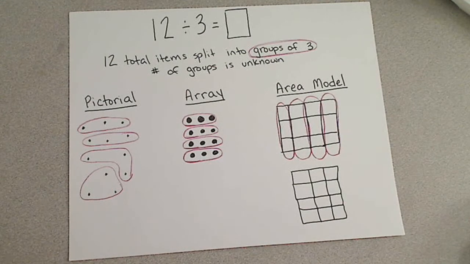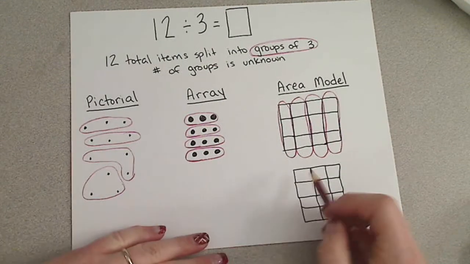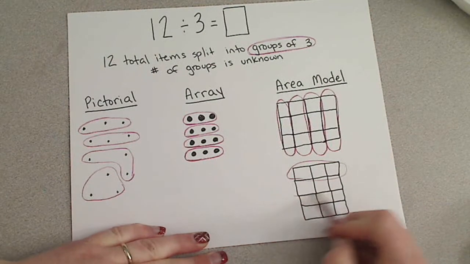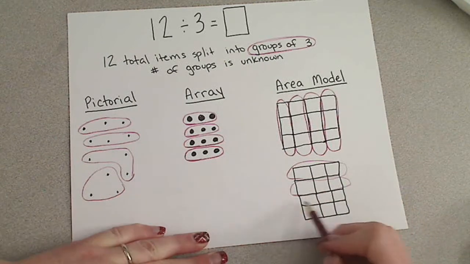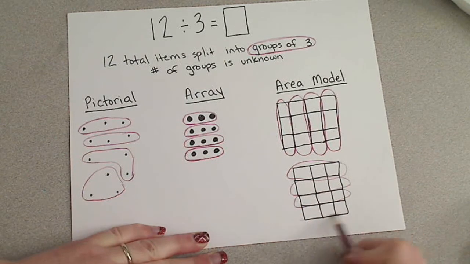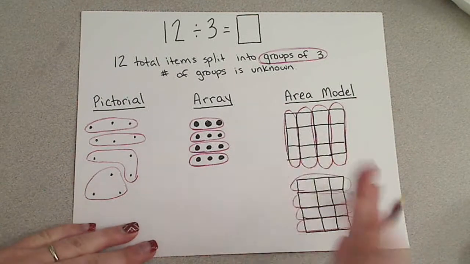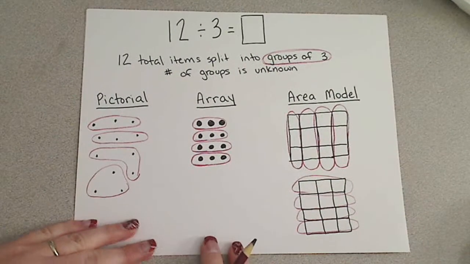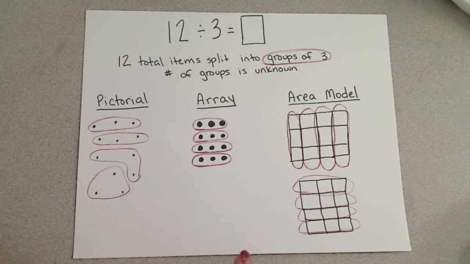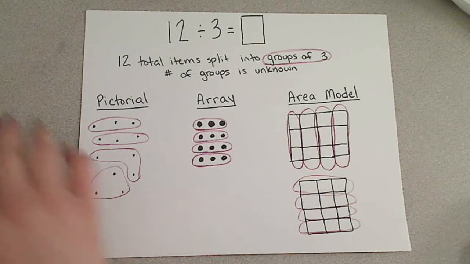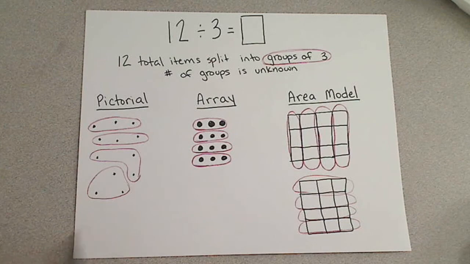If they format this that way and then circle their group sideways to match the array in the pictorial, that is perfectly fine. With division, they can take it either way. It's up to them, because in this case, it's not dependent on which factor comes first. So these are the different ways that the students will need to be able to model that.